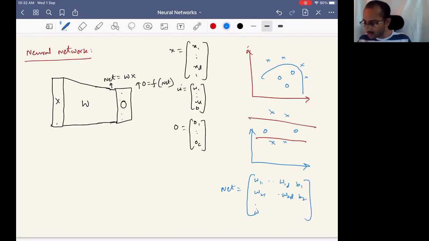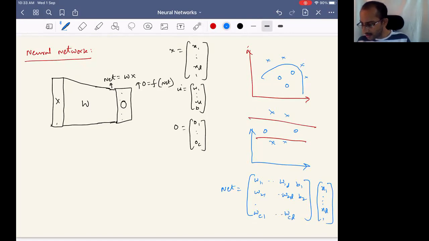You have this multiplied with X1 to XD and 1. Hope this is clear. Yes. Up to where should it go? What is the last row?